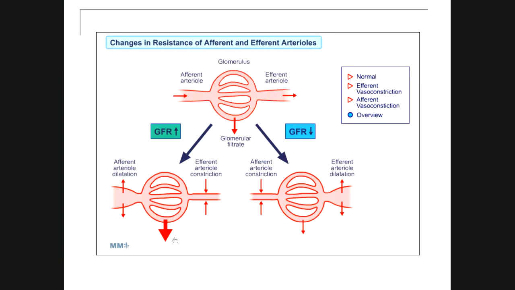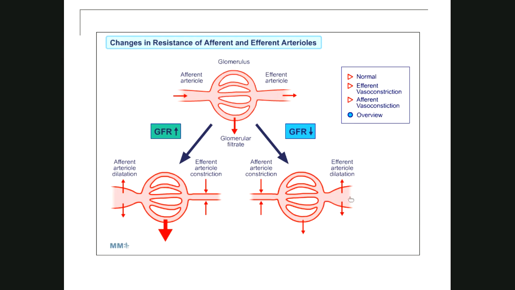In the other situation, sometimes we have afferent arteriole constriction and efferent arteriole dilation. In these cases, the amount of blood coming to our glomerulus decreases, and the amount of blood which can leave our glomerulus increases.